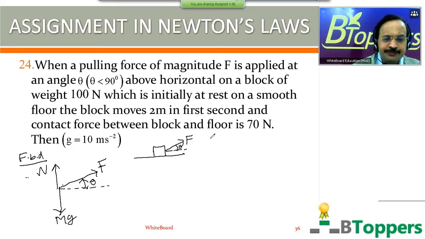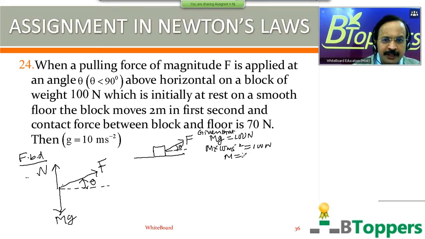From the given information, you are given in the problem that the weight mg of the block is 100 Newton, and g is given to be 10 meters per second squared. So you can calculate the mass of the block.